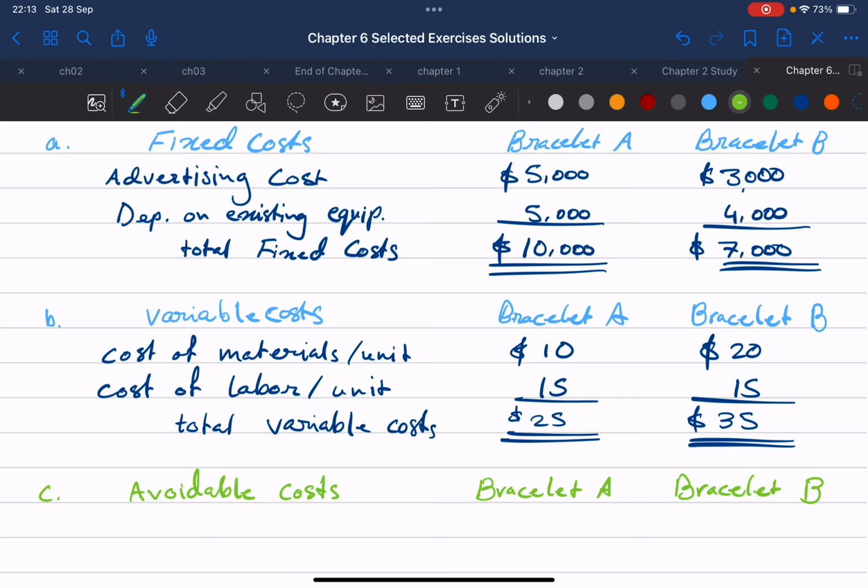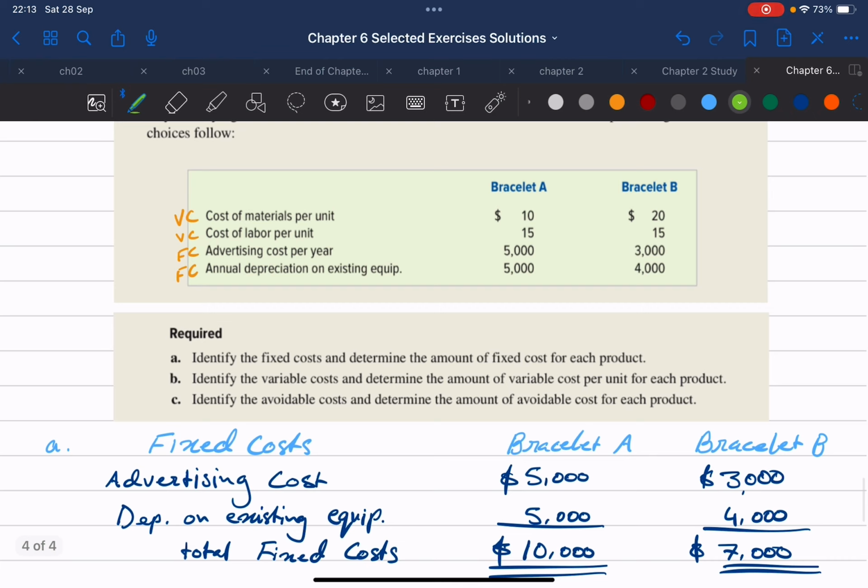Now we're going to look back at the data. Regardless of whether the data was fixed or variable, we need to see which of these costs will be avoided if the company decides to go for the other bracelet, right? So if the company decides to go for bracelet B, which of these costs will be eliminated, and vice versa, right? So the first thing here is the cost of materials per unit. If they choose bracelet B, they're not going to have to incur these costs, right?